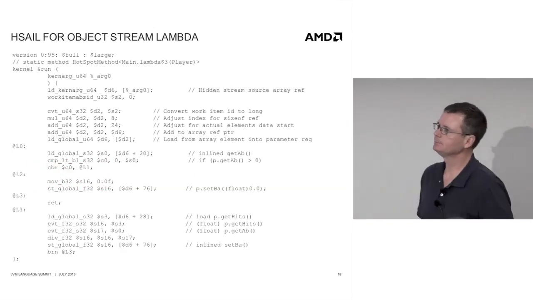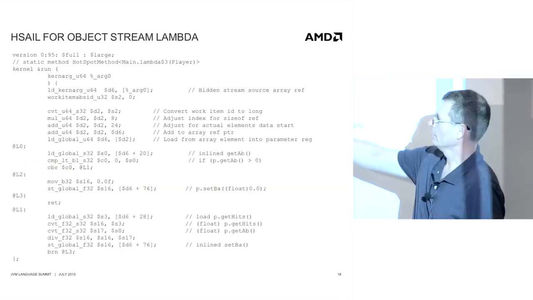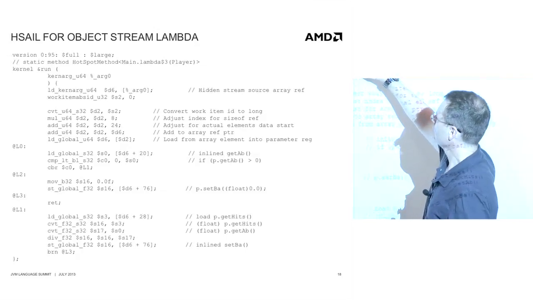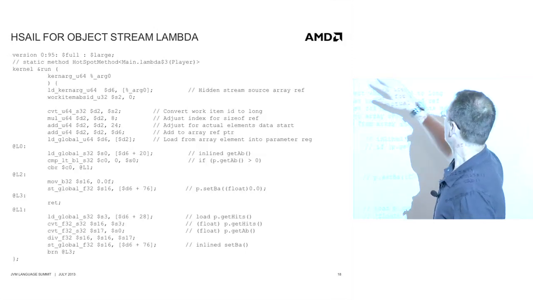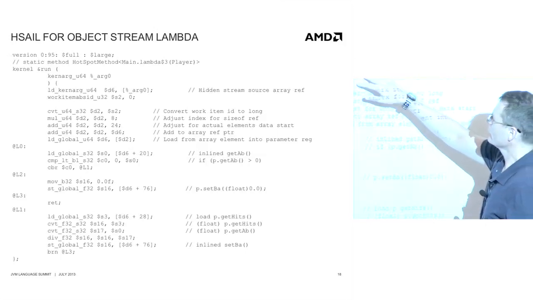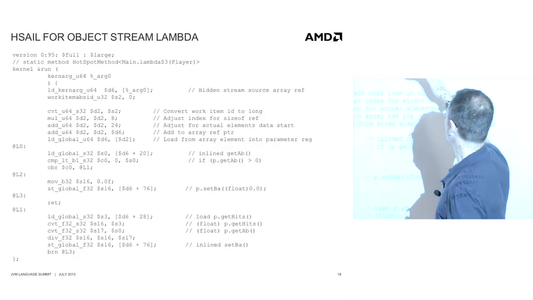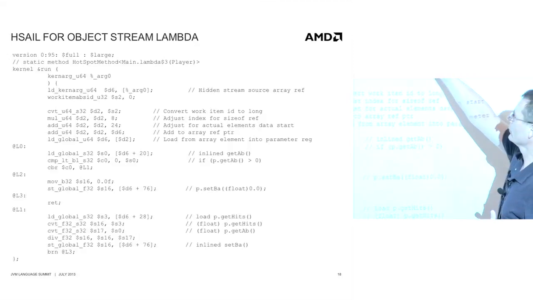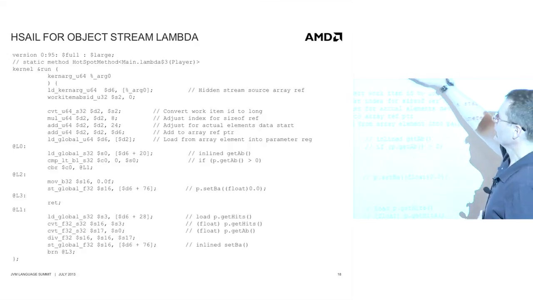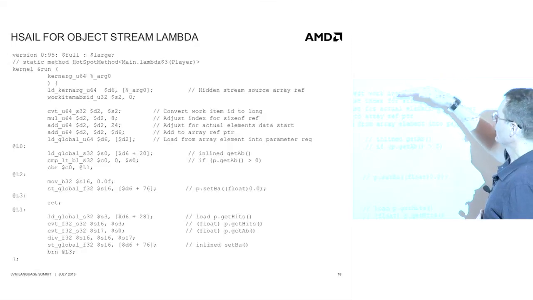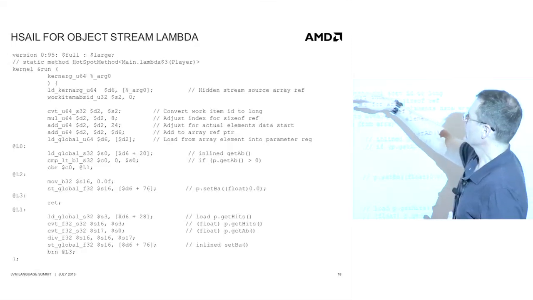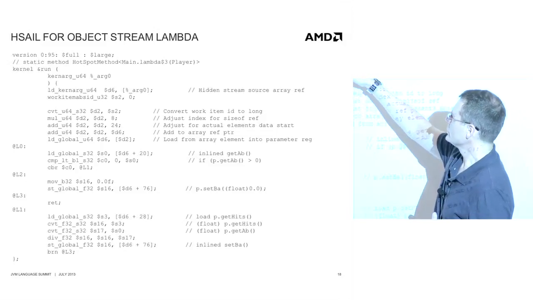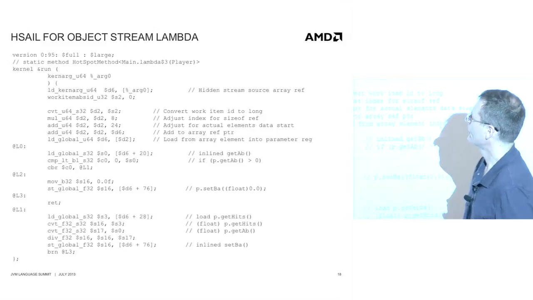Now in the HSAIL, again, don't worry about all this. Here's the signature of the lambda function taking the player. But as I said in the earlier slide, we pass in the array, the source stream array, which is the array that's actually the backing store, or whatever you want to call it, for the player stream. So we extract that out of the player stream, pass in that reference, and then use the work item ID as the index into that array so that this stream core knows which player to do the calculation on.